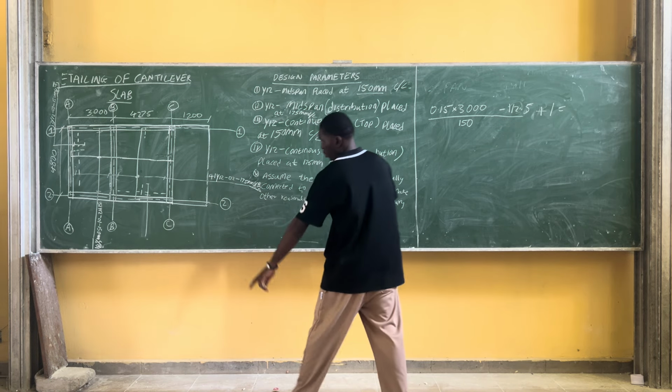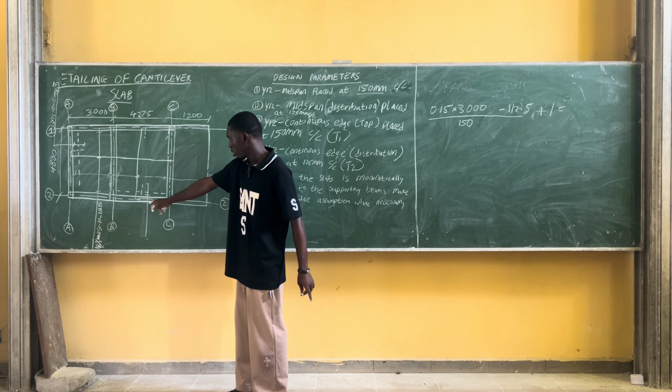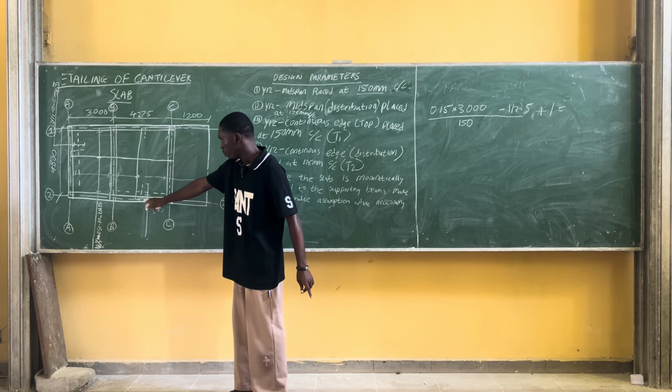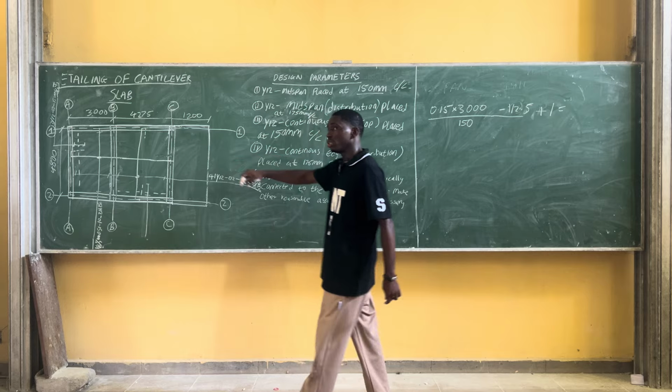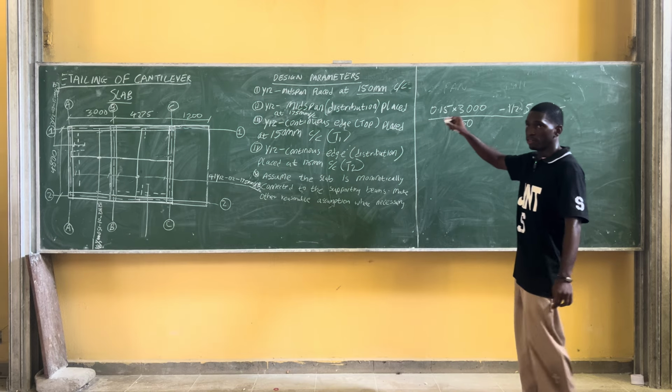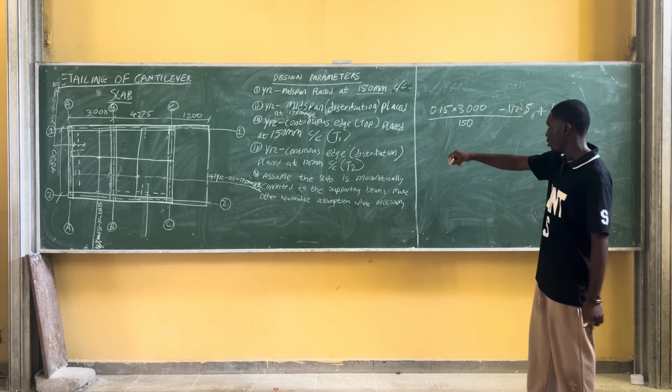For me to get the T1 reinforcement acting here, it will be 0.15 times our span, which is 4,800, minus our wall size 112.5, divided by 150 plus 1.